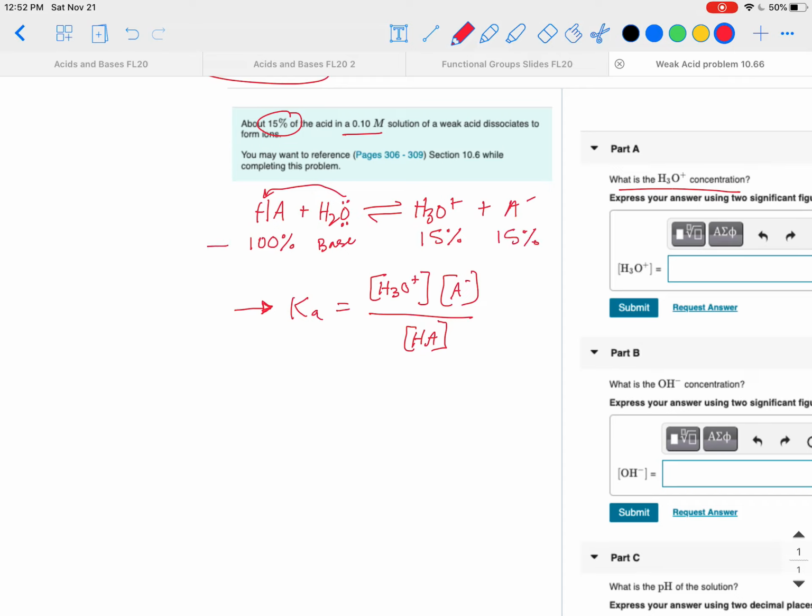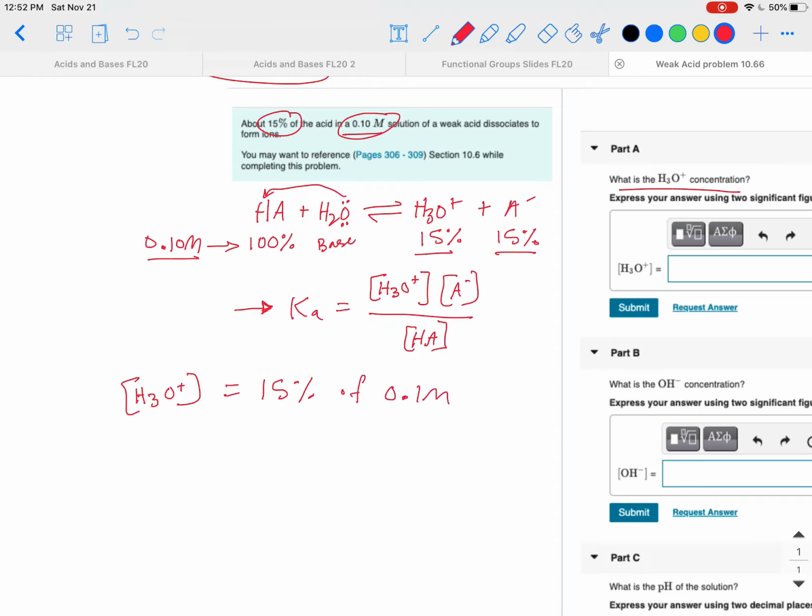Now, what is 100%? It is 0.10 molar. That represents 100% of the acid. We have a solution that's 0.1 molar, so that represents 100%. So 15% of 0.1 molar is what we end up with for our products. So the concentration of H3O plus is going to equal 15% of 0.1 molar.